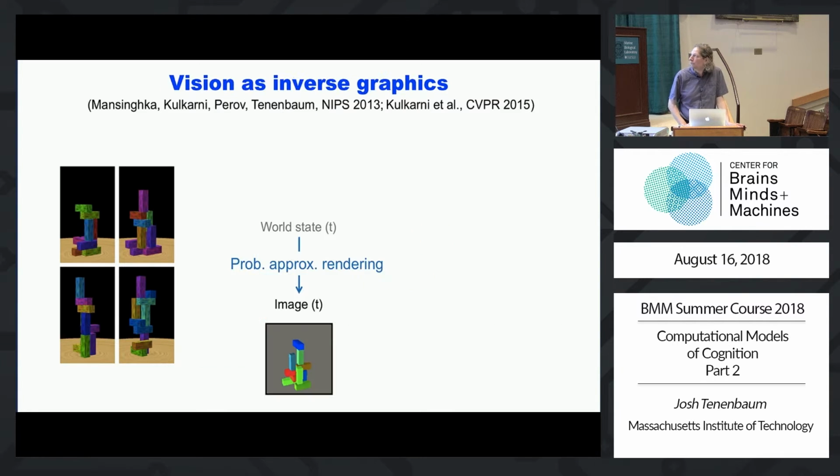It builds on inverse graphics work that I'm going to be talking about by Vikash Mansinghka, Tejas Kulkarni, and then recently developed by people like Ilker Yildirim and Jiajun Wu in our group. But this particular image here is actually from the Battaglia et al. PNAS paper, where they built a very, very simple version of this system that would look at one of these blocks world scenes and make a guess like that at the underlying scene.